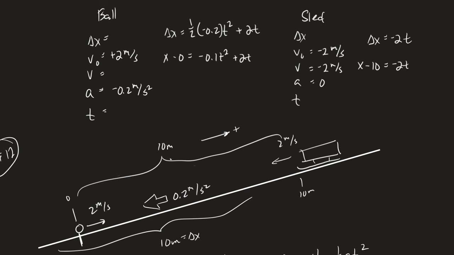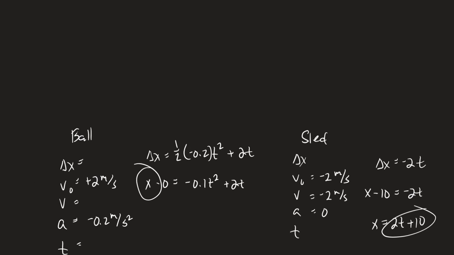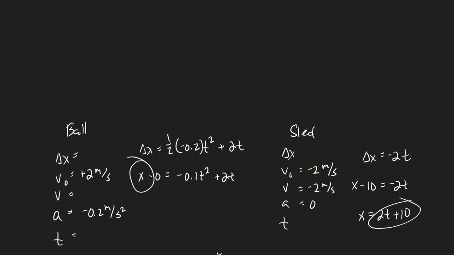I have two equations and two unknowns. x equals 2t plus 10. I'm going to sub that in here. I'm running out of space, so I'm just going to bring this down and have 2t plus 10 equals negative 0.1 t squared plus 2t.